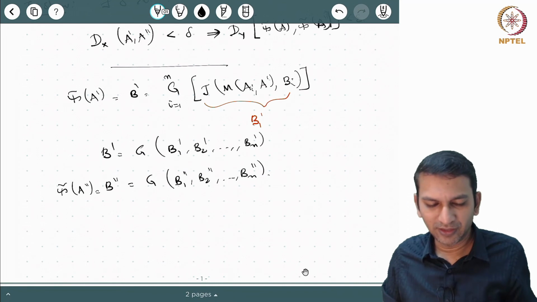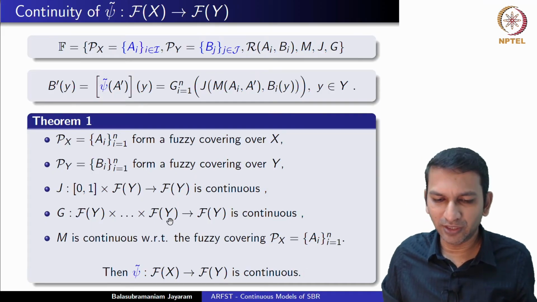Now let's make use of the conditions that are given to us. G we know is continuous.